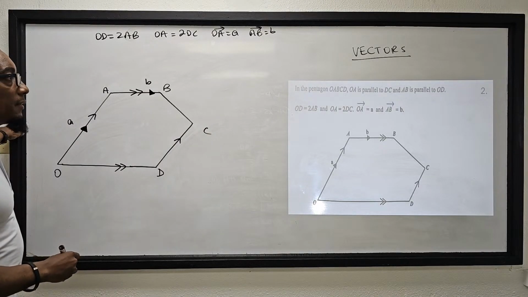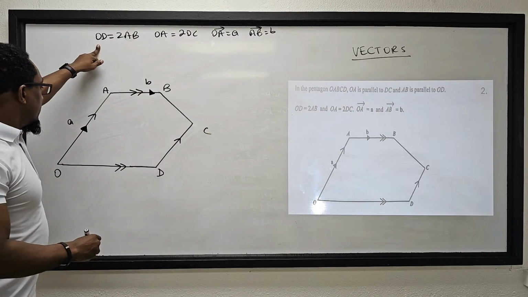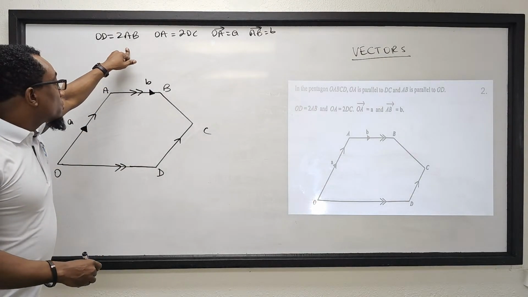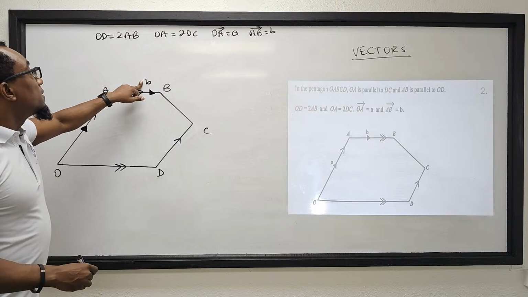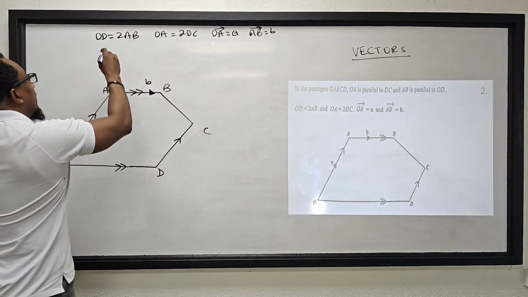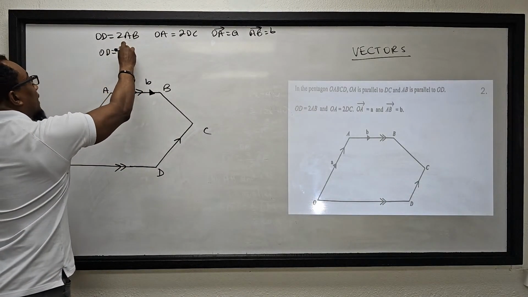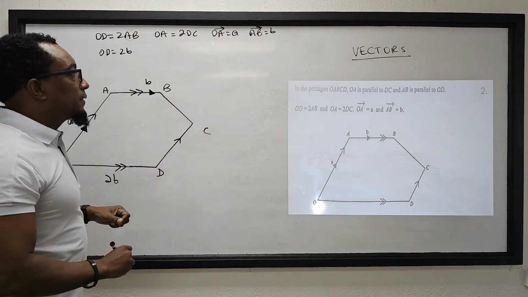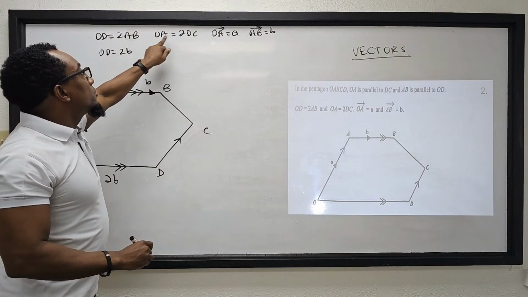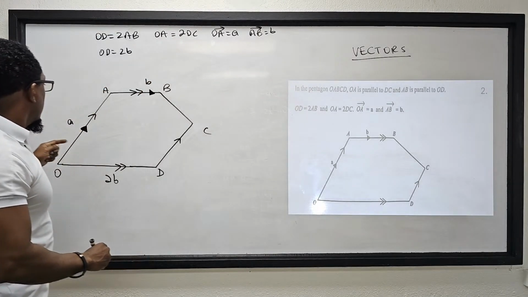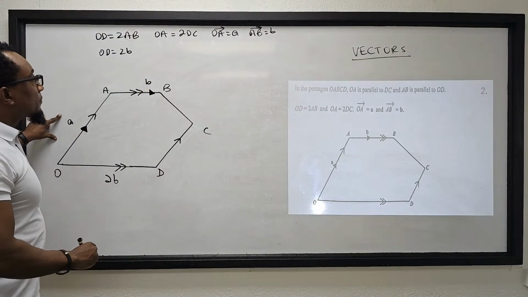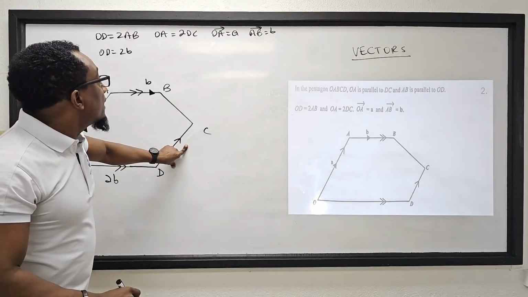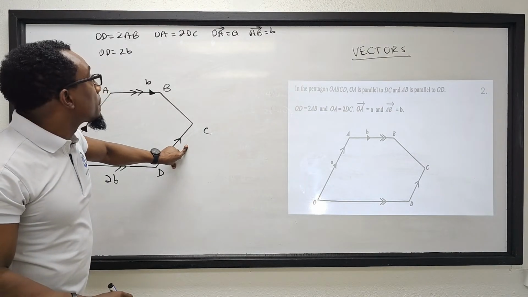Now it says here that OD is twice AB. So if AB, the magnitude is B, then OD is 2 times B. So OD is 2B, and if OA is 2 times DC, if OA is A and OA is twice DC, it means that DC is a half of OA.